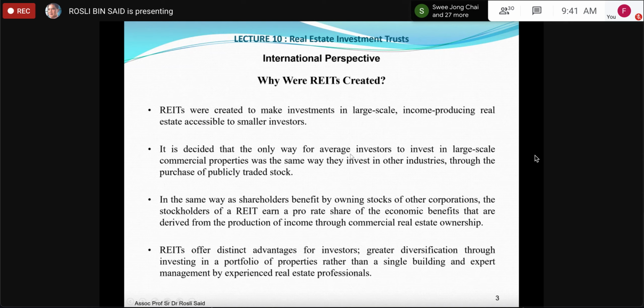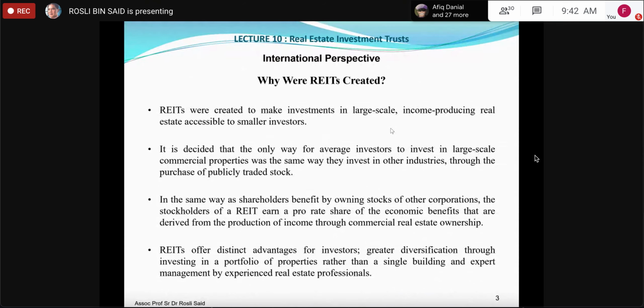Why were REITs created? REITs were created to make investment in large-scale, income-producing real estate accessible to smaller investors. Basically, they need a lot of money to invest in real estate projects for income. Realistically, smaller investors have a chance to join them.